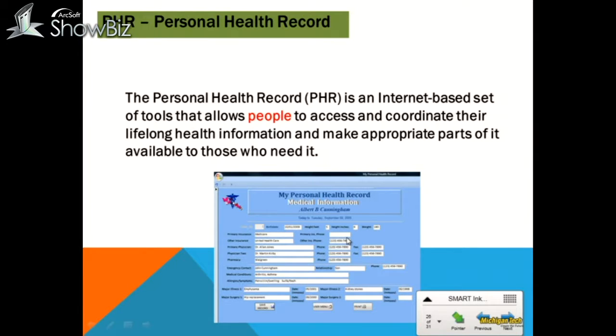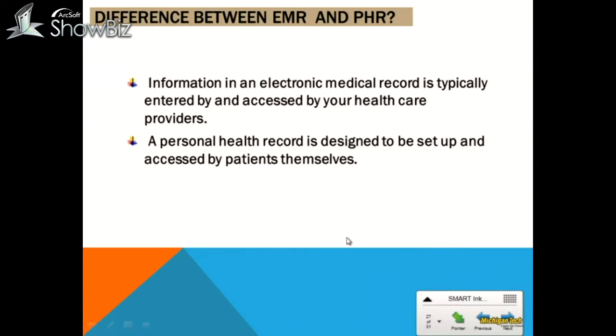Personal health record. What's the difference between the electronic medical records and the personal health records? Do you know the difference between them? You don't know? Let's see the next slide.